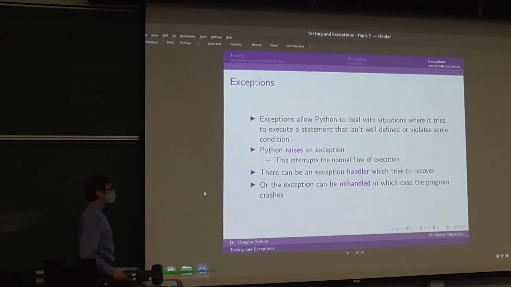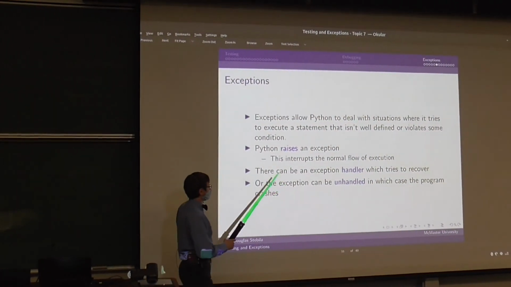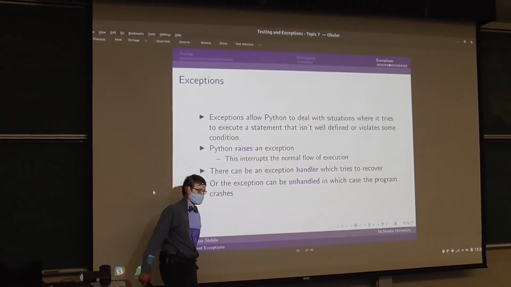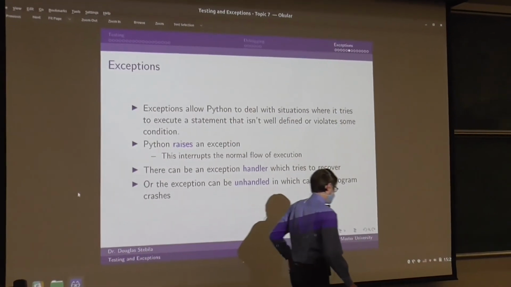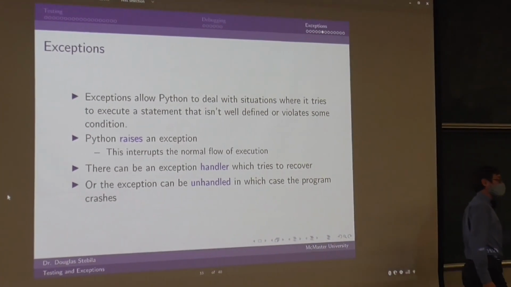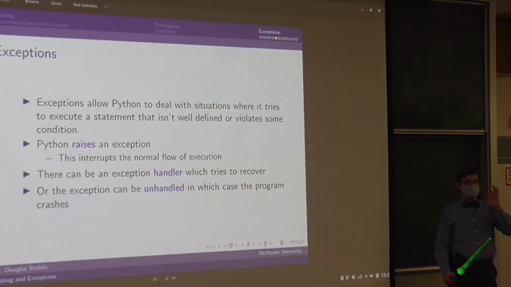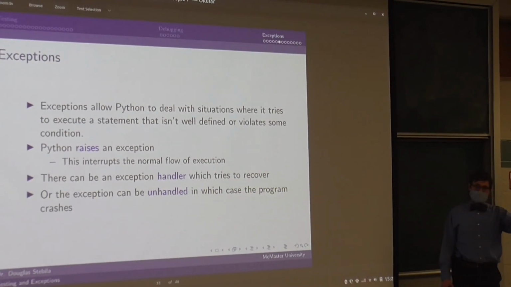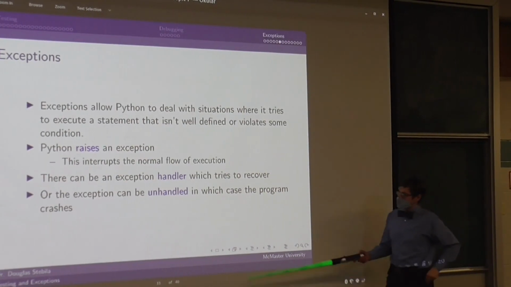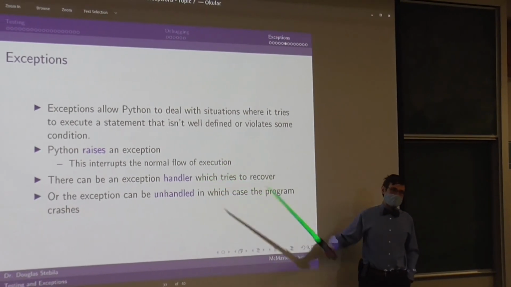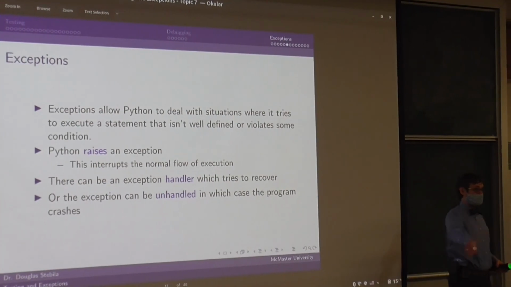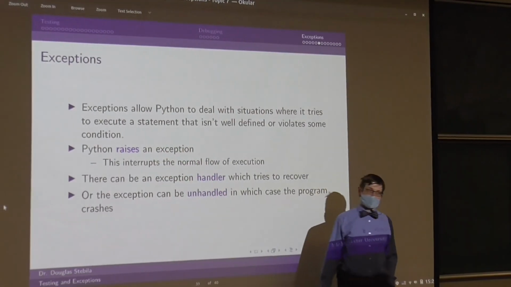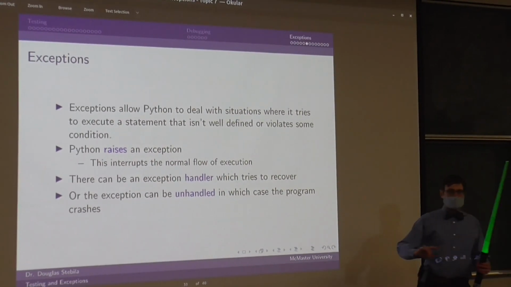Exceptions allow Python to deal with situations where it tries to execute a statement that isn't well defined or violates some condition. You can create an exception occurrence using the raise keyword, like raise value error.